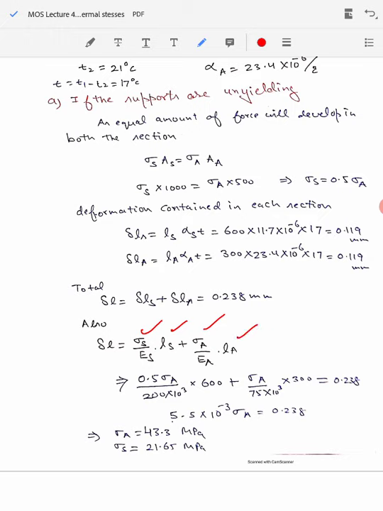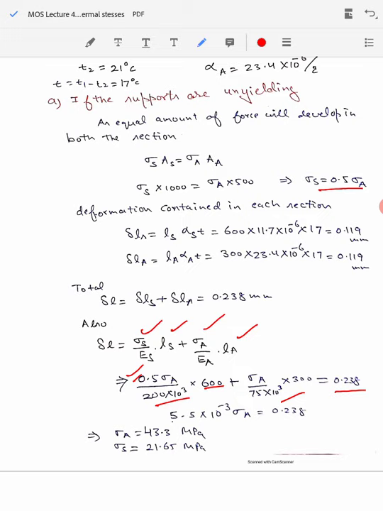The sum of these will be equal to delta L. So let's substitute the value of sigma S as 0.5 sigma A for the sigma S, and then we substitute the value of ES as 200 into 10 to the power 3 Newton per millimeter square. Length of steel bar section is 600 millimeter. Similarly, we can do the exercise for the aluminum part, and their net sum is equal to 0.238.